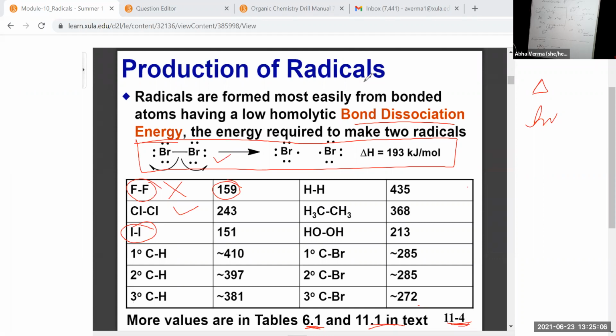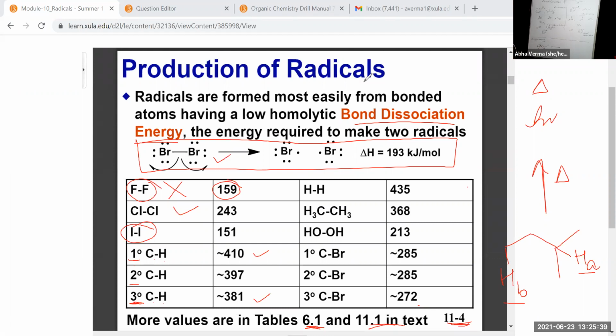Look at the energy that is required to break a primary carbon-hydrogen bond and a tertiary carbon-hydrogen bond. So if you are given a tertiary system, so this hydrogen A, and you are given a primary hydrogen B, which is going to be easier to break when you subject it to light or heat? Out of HB and HA, which will be broken first?